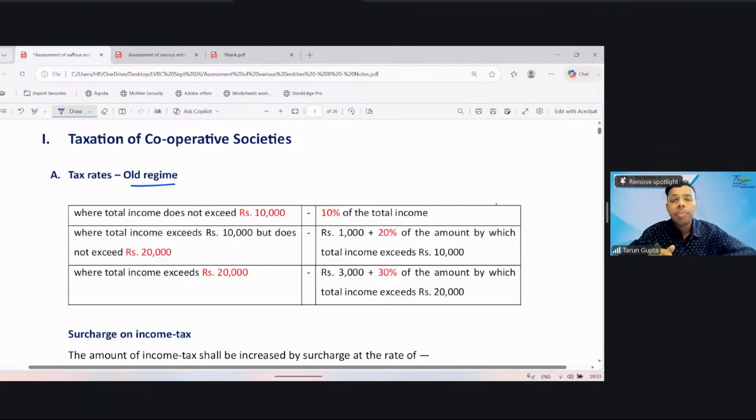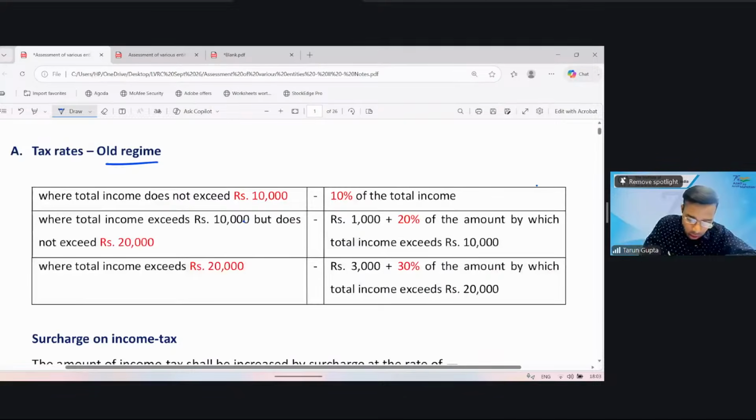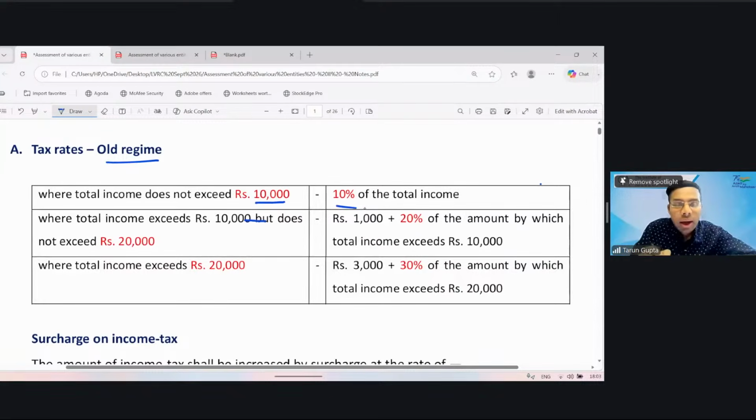So the tax rate applicable to the cooperative society in case of old tax regime is: if the total income is up to rupees 10,000, then the tax rate is 10%. If total income exceeds 10,000 but does not exceed 20,000, the tax rate is 20%. If the total income exceeds 20,000, the tax rate is 30%.